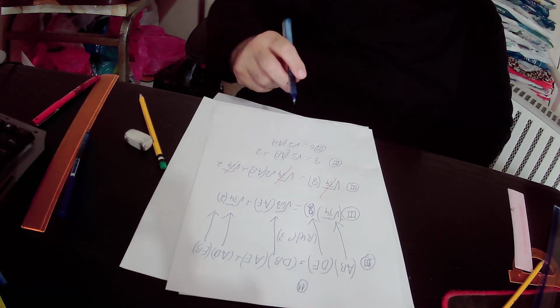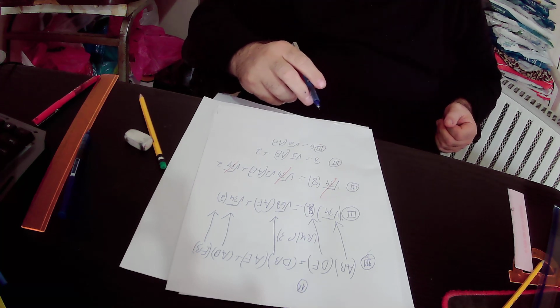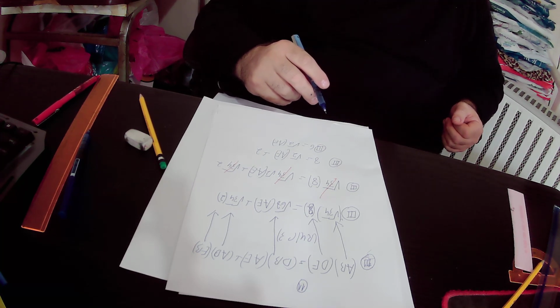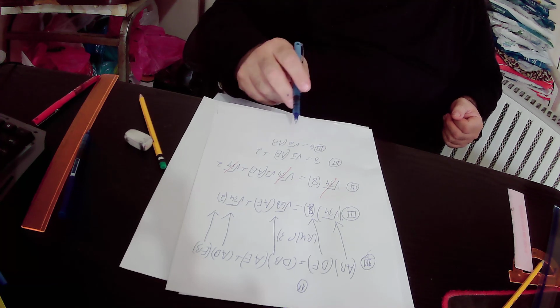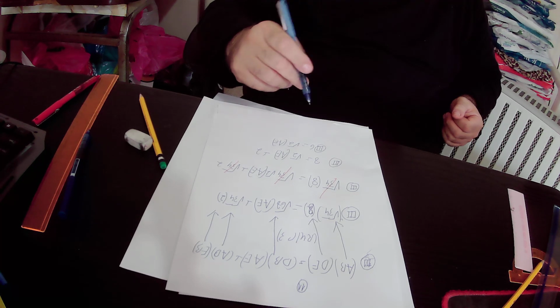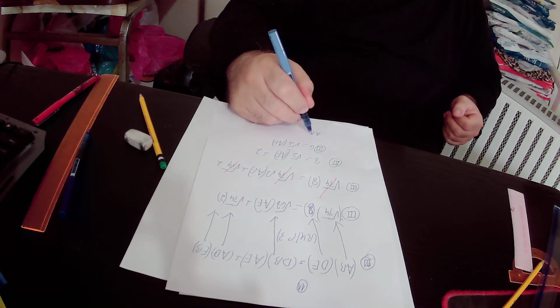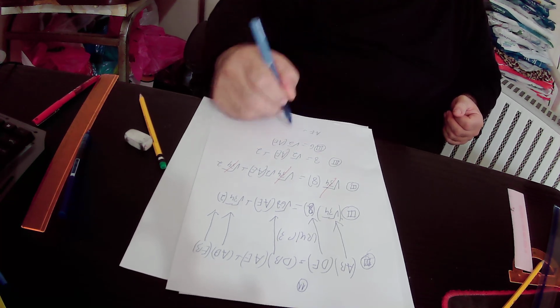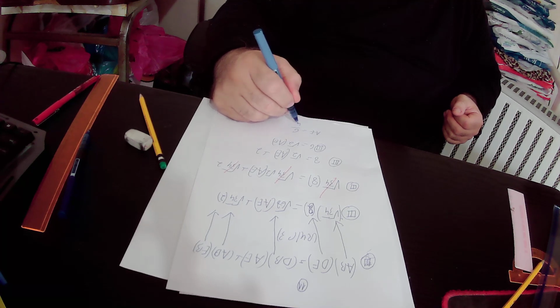We will divide equation number 3 by square root of 2, and we will get that AE equals 6 over square root of 2.